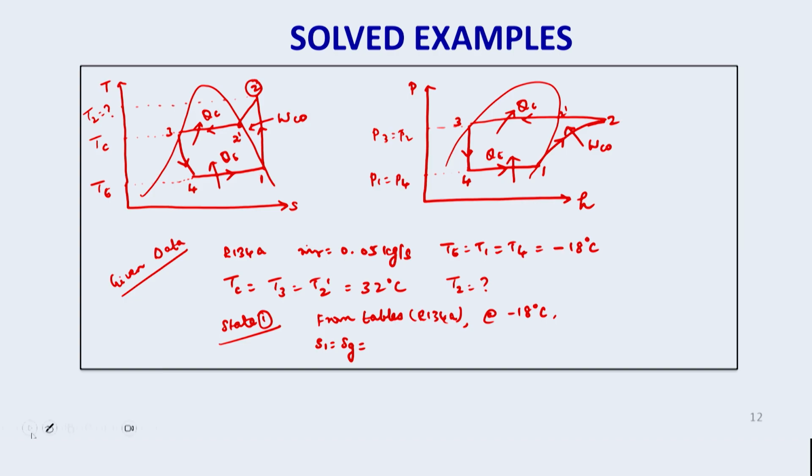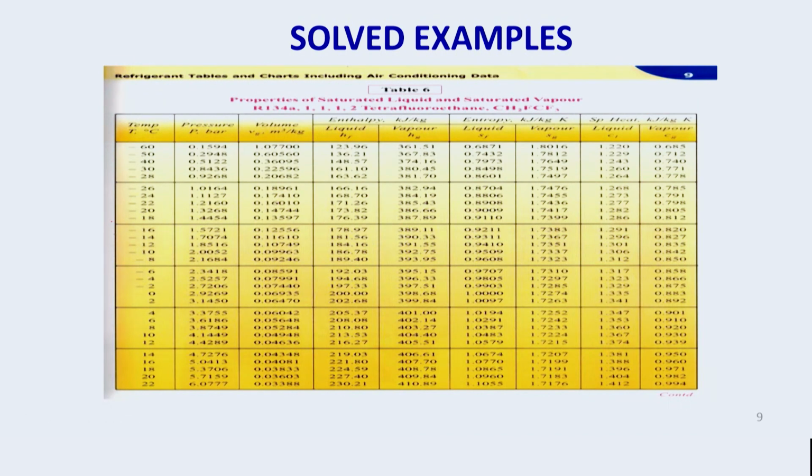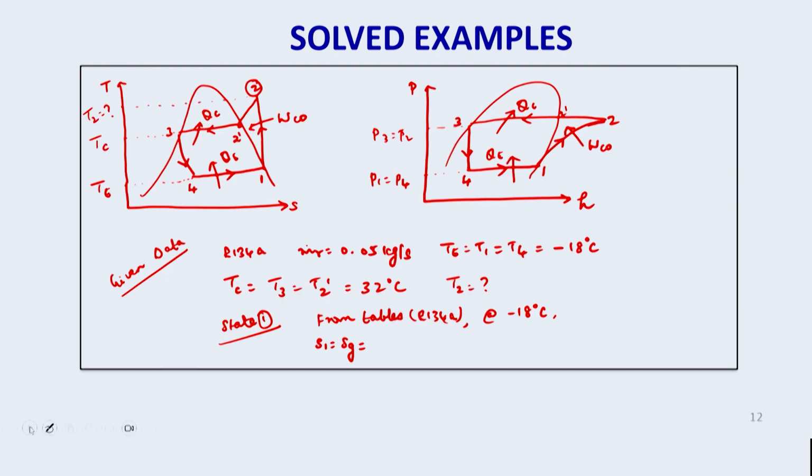So let us go back to the tables. This is minus 18. Sg value is here. Vapor entropy is 1.7399 kilojoule per kg Kelvin. Let us take the enthalpy value also.